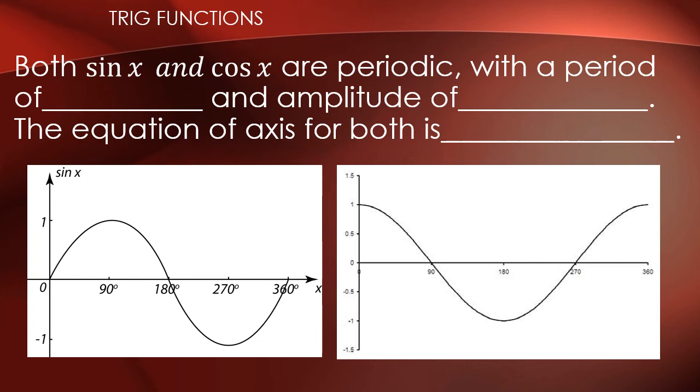Both sine x and cos x are periodic with a period of, so this is important information, 360 degrees and an amplitude of 1 unit. The equation of axis for both is y equals 0, or if you want to write it like this, f of x equals 0.